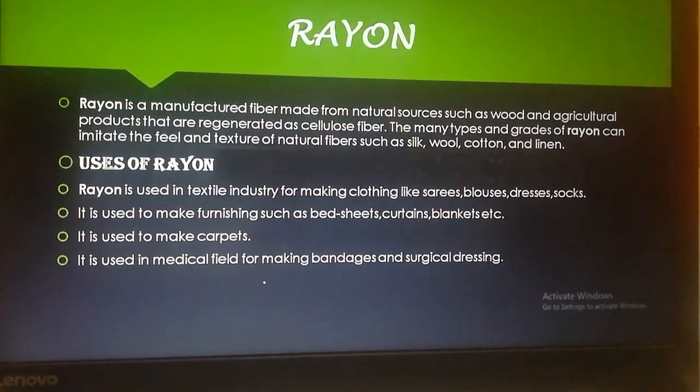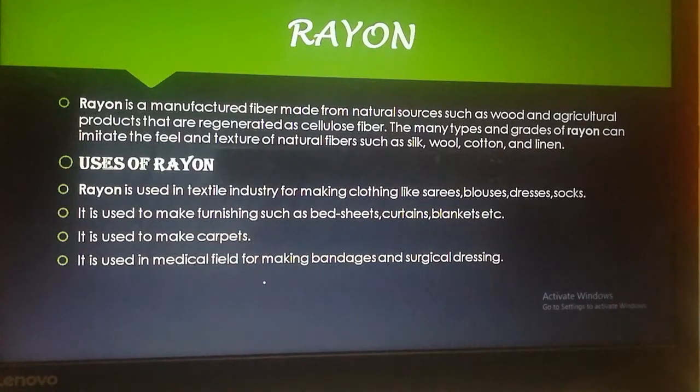Now we know about rayon. Rayon is a manufactured fiber from natural resources such as wood and agricultural pulp. So its quality is similar to cotton. Rayon, or artificial silk, was discovered toward the end of the 19th century.